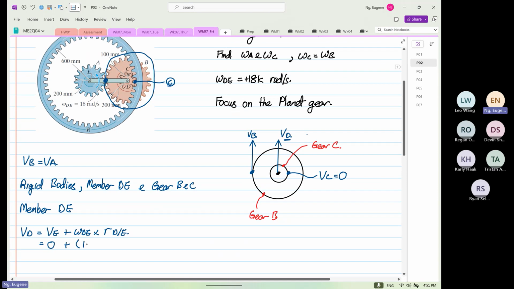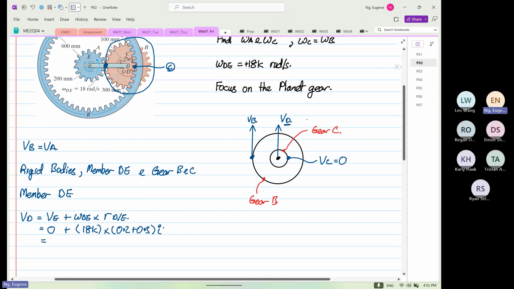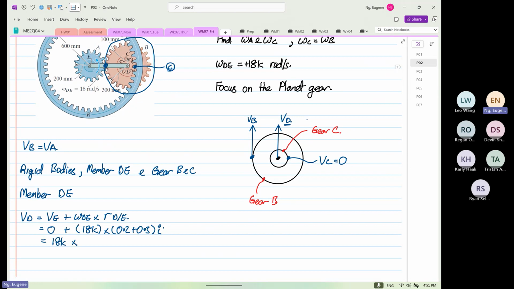Anti-clockwise is positive, so omega K cross R D from point E. So it's equal to 0.2 plus 0.3, and it's in the I direction, so 0.5 I. This will be equal to 18K cross 0.5 I. K cross I is positive J, so this is equal to positive 9J. So now we have our VD equal to 9J.